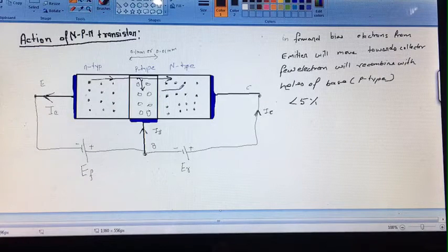This is the motion of electrons. Electrons will move to this side, and the majority charge carrier is the electron, while the minority charge carrier, the hole, will move in the opposite direction toward the collector terminal.